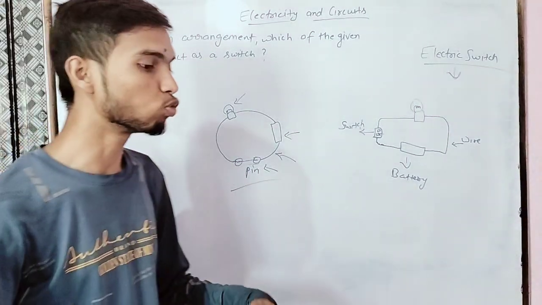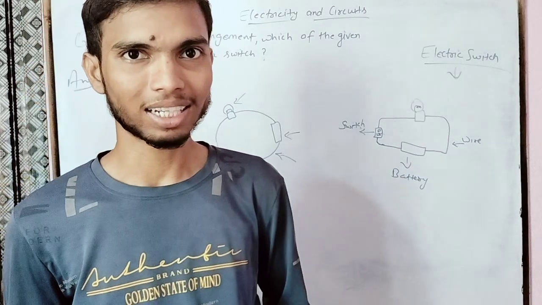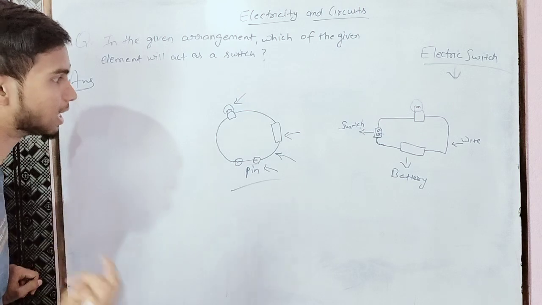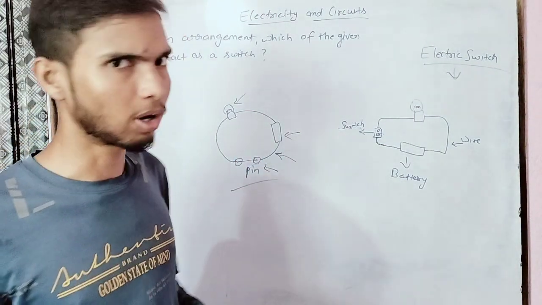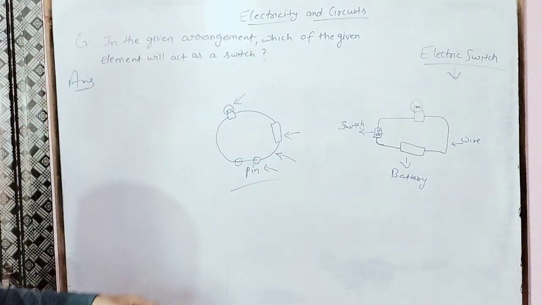Now, which one is working? Which one will act in place of the electric switch? So here you can say the battery will not work as a switch, and the bulb will not work as a switch.